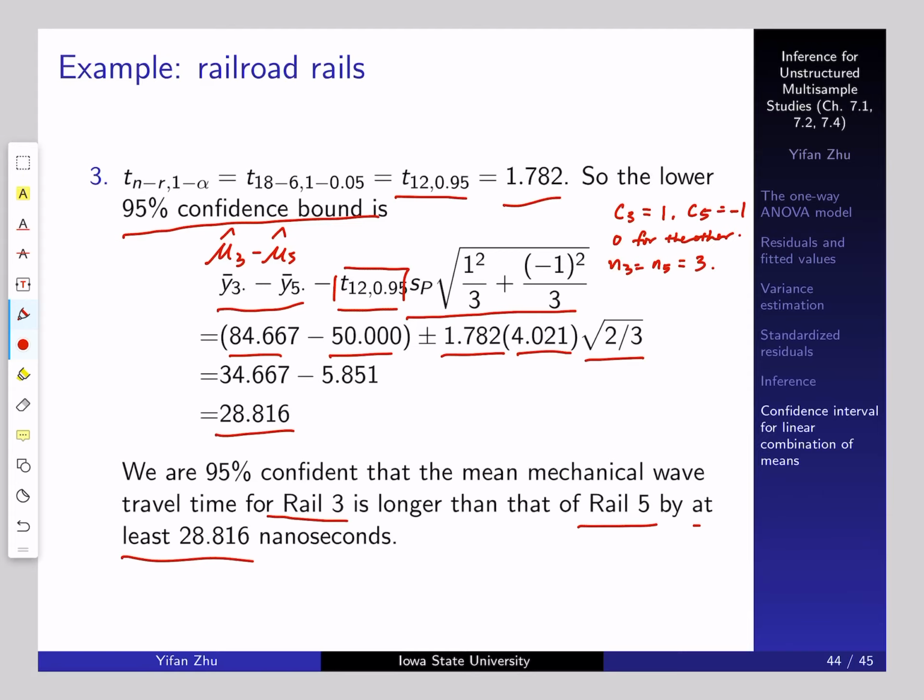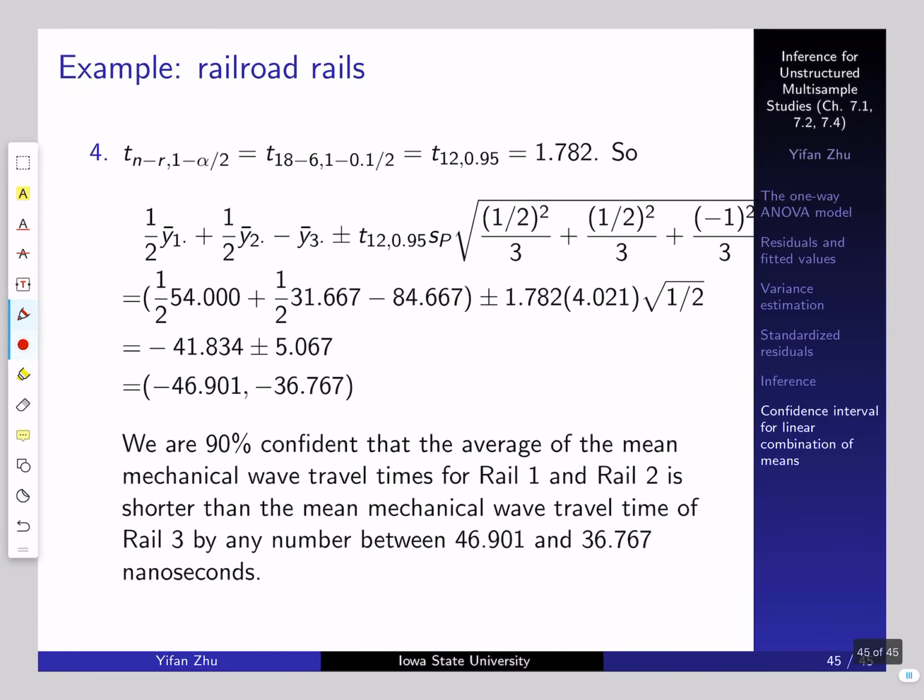And the last one. This is the 90% two-sided confidence interval. So the quantile we use here is the 1 minus alpha over 2 quantile, and since it's a 90% confidence interval, 1 minus alpha over 2 is 1 minus 0.1 over 2, which is 0.95.